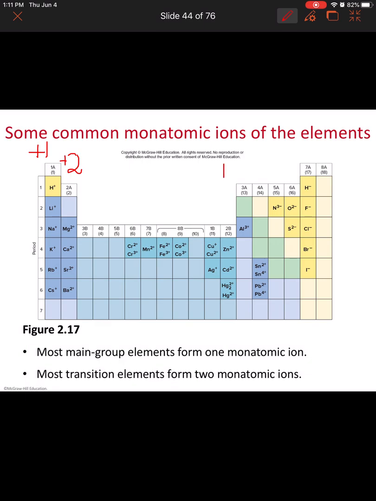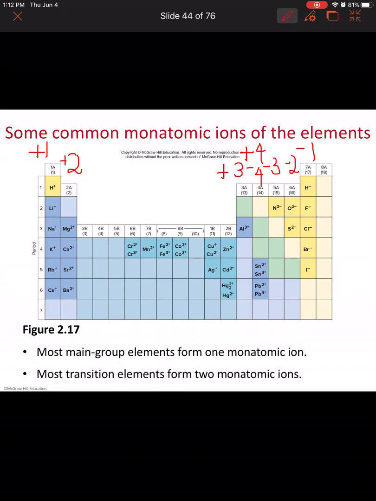And group 3 normally makes +3. Group 4 could be either +4 or -4. Group 5, the common one would be -3. And group 6, -2. And group 7, -1. Those are the common charges that they make when they form ionic compounds.